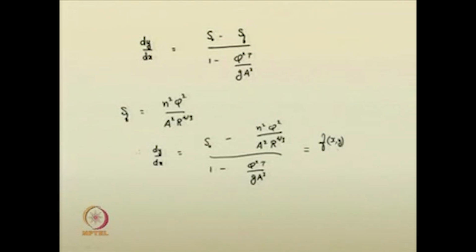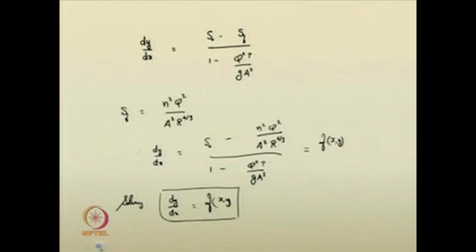So, if you can relate it in this form, what do you mean from this? Solving dy by dx equal to a function of x and y is the objective involved. So, how do you solve them?